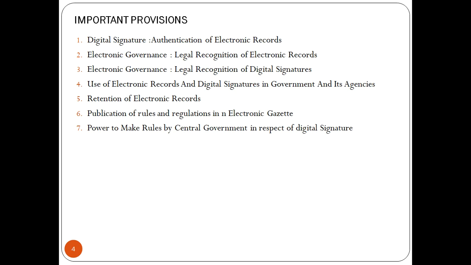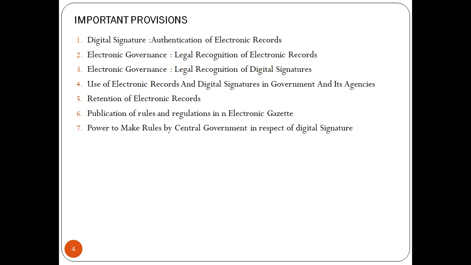Next, any person by the use of a public key of the subscriber can verify the electronic record. The private key and public key are unique to the subscriber and constitute a functioning key pair as per Section 3.